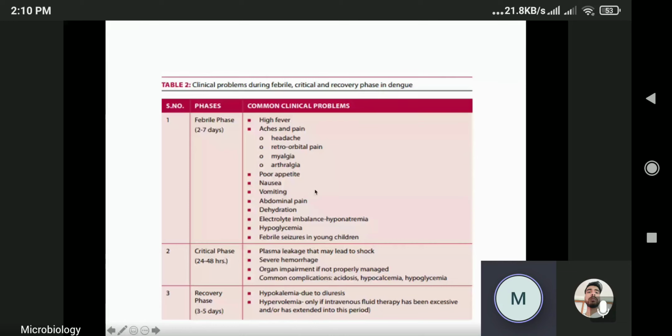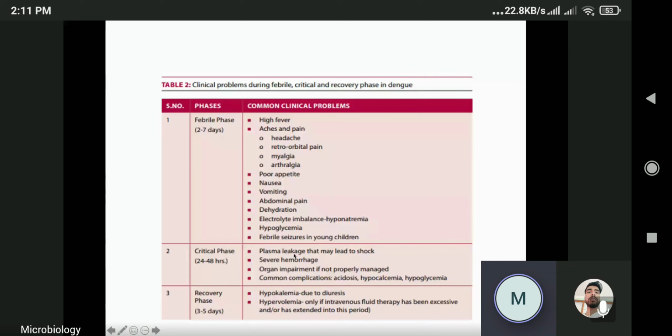Okay, in the second phase, there will be excessive plasma leakage that may lead to shock, and due to the decrease in platelet count, the patient will have bleeding. That is the internal bleeding. That's why the patient has petechiae, purpura, bruises all over the body. That is the hemorrhage, and due to the massive hemorrhage and complications, there will be multi-organ failure or organ impairment if we do not manage it.